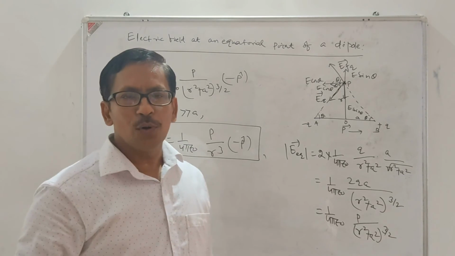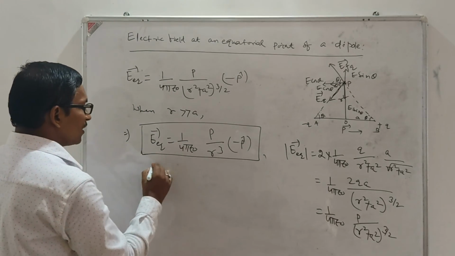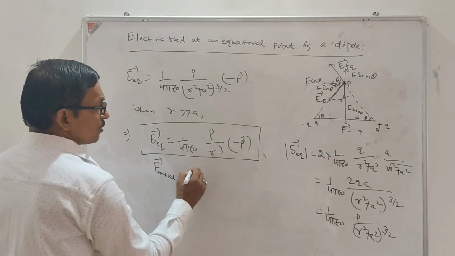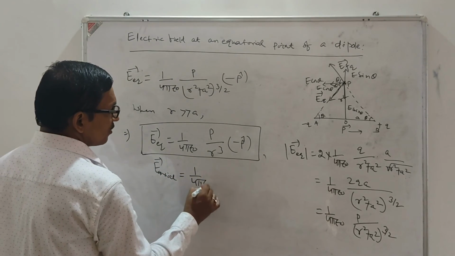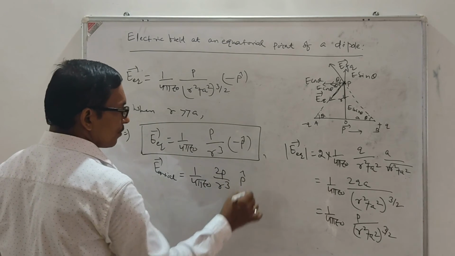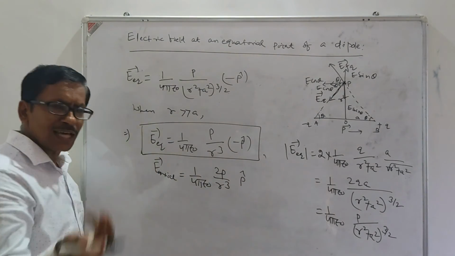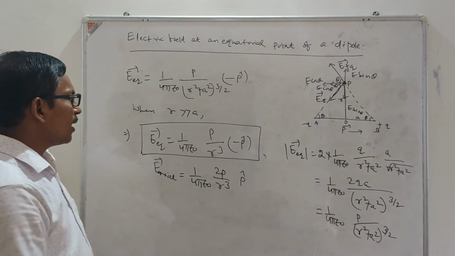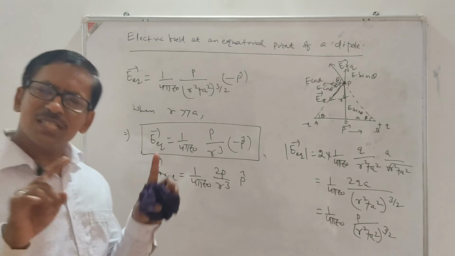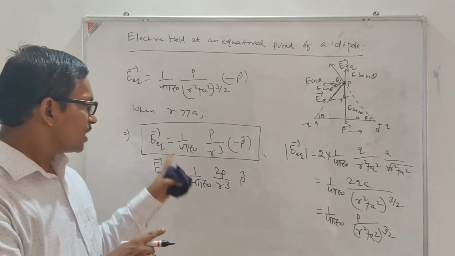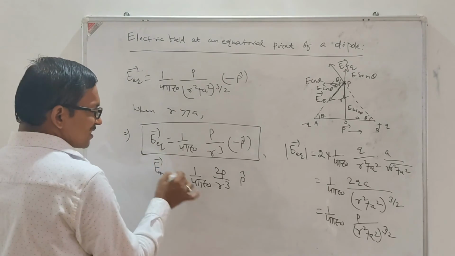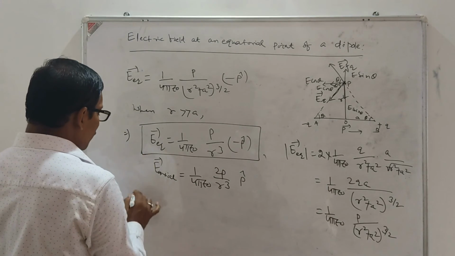And for a short dipole, you have seen that E axial is equal to 1 by 4 pi epsilon naught 2P by R cube times P cap. You see now, for a short dipole, the electric field at an axial point and the electric field at an equatorial point are in opposite directions, and the magnitude of E axial is double the magnitude of E equatorial.